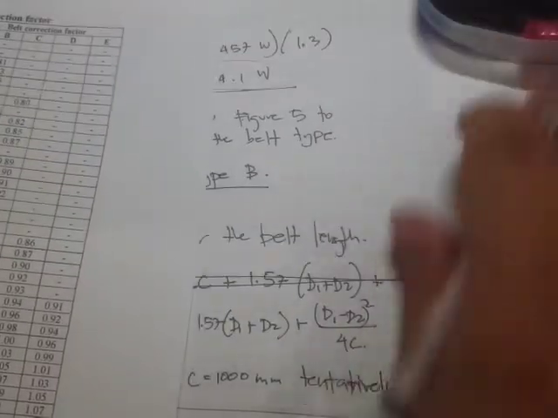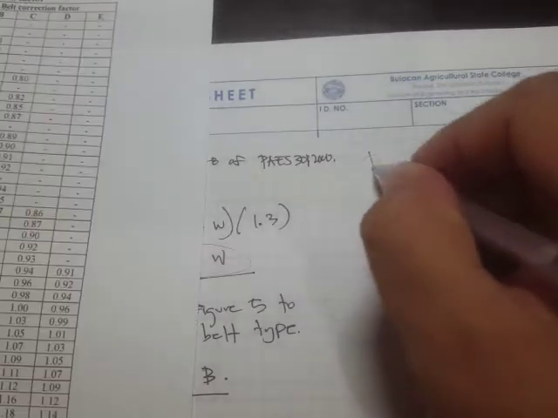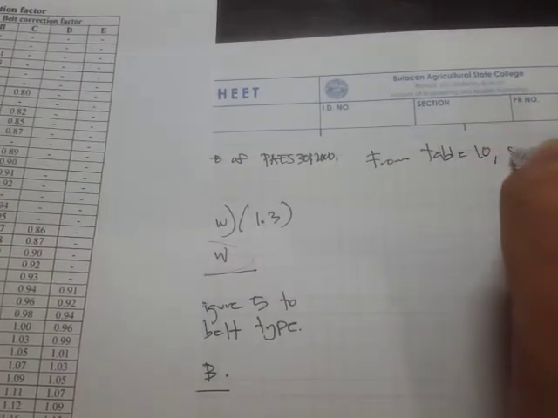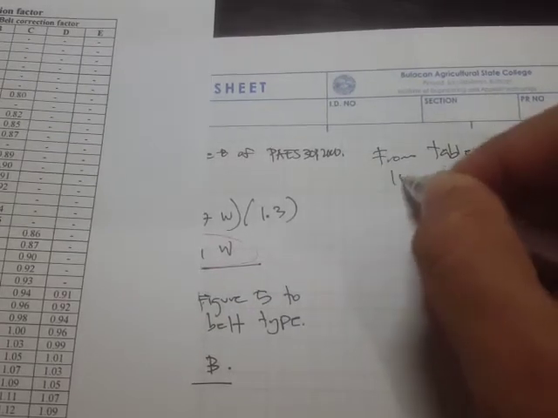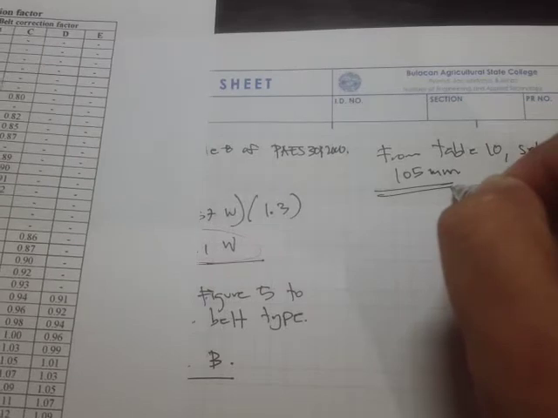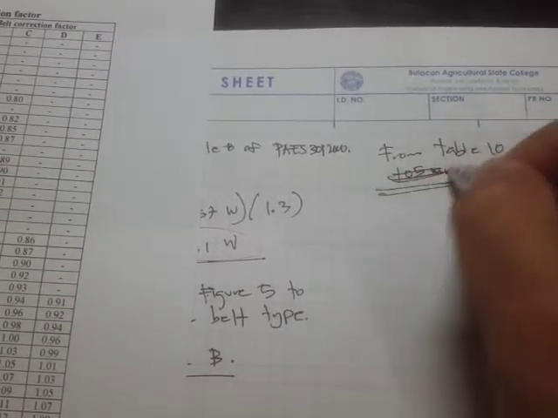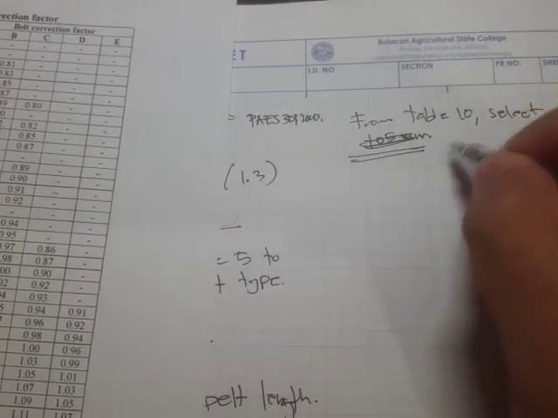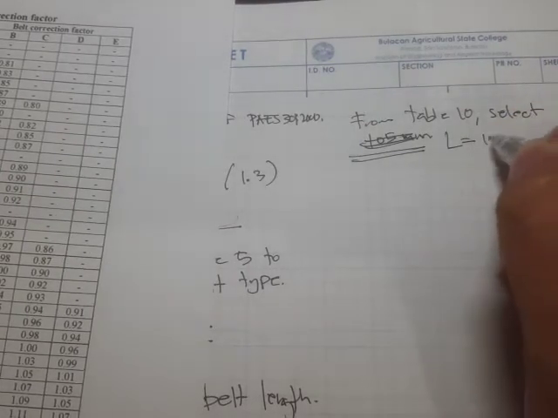Let's write it here. So from table 10, select L. L is equal to 105. Oh, sorry, this is not mm.